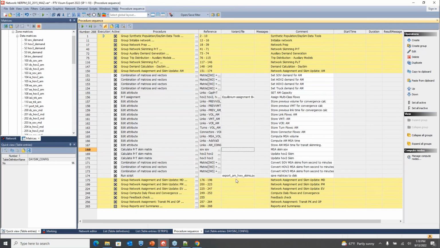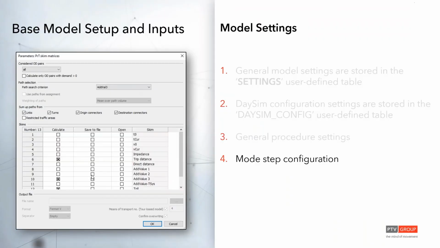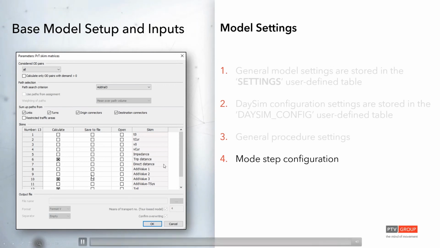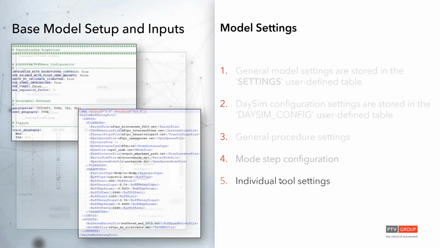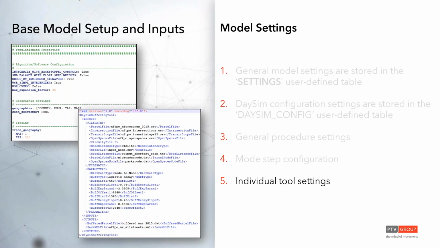Again, this is also something you would not have to change for a typical model use, but this is just for your information. In case you want to change any of these settings, you can access them from within the procedure sequence.